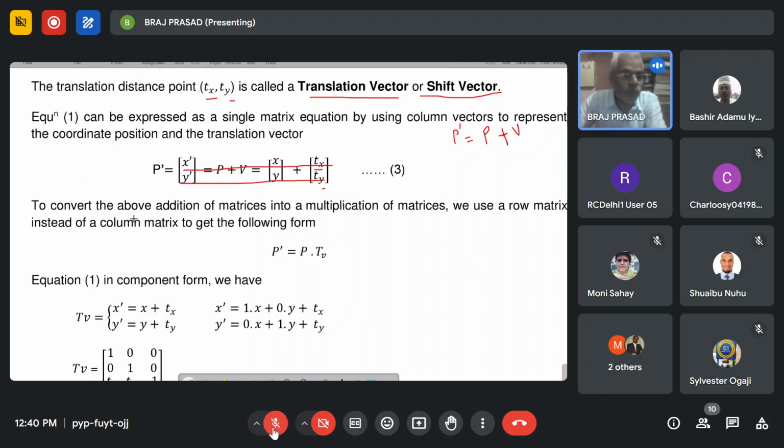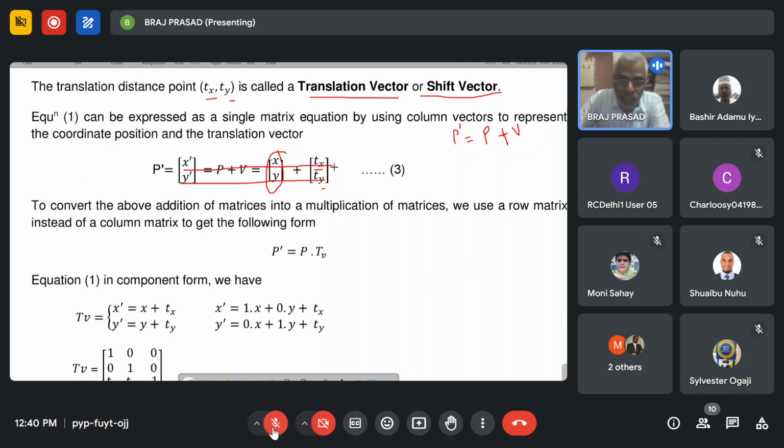To convert the above addition of matrices, here I have added two different values. This is the coordinate of the original location, and this is the distance by which we have moved the point or the object.